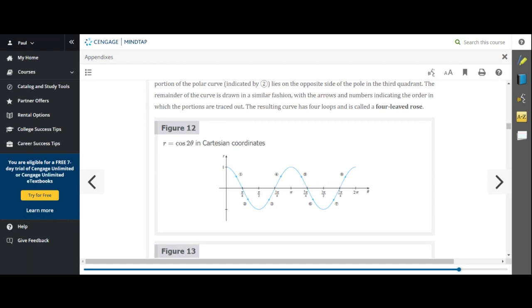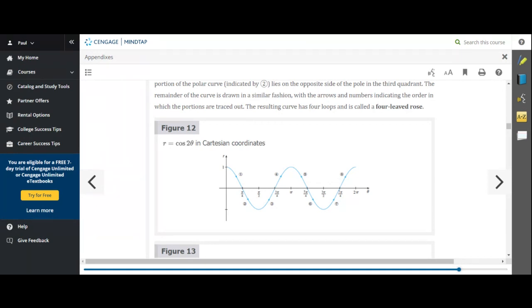They've taken the graph of r equals cosine 2 theta, the sinusoidal graph, it's a cosine though, but you know what I mean, and analyzed it in 8 pieces.